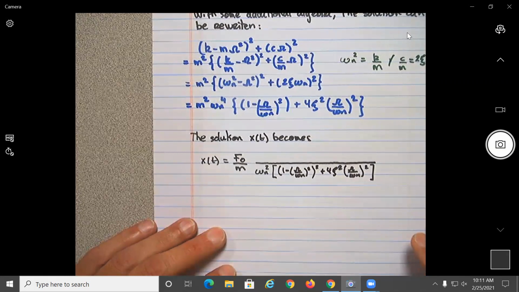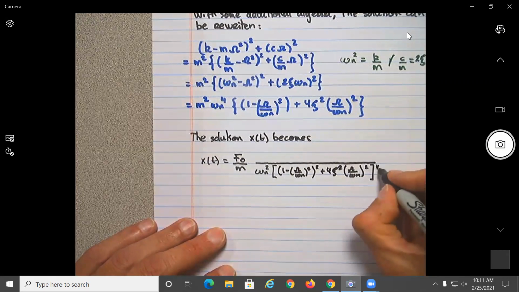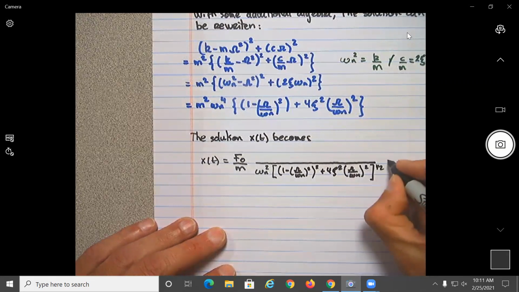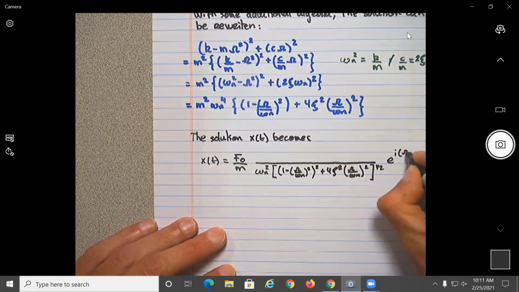There we go. And this would be to the power 1/2 times e of i capital omega t minus phi.